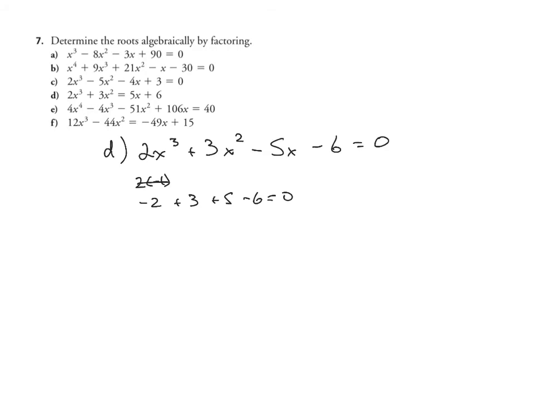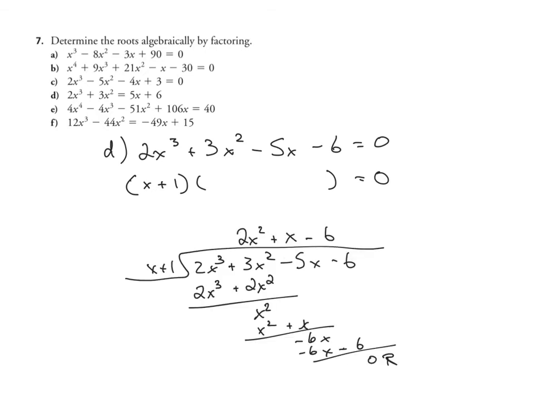Let's get rid of this. This is going to be x plus 1 times something equals 0. I'll just skip ahead to the end of this division so you don't have to watch me do it. All right, I got 2x squared plus x minus 6.